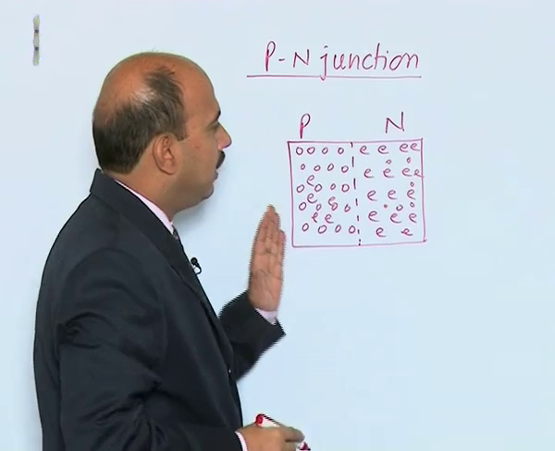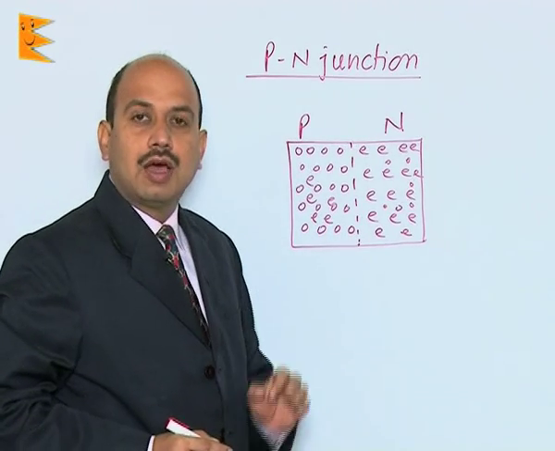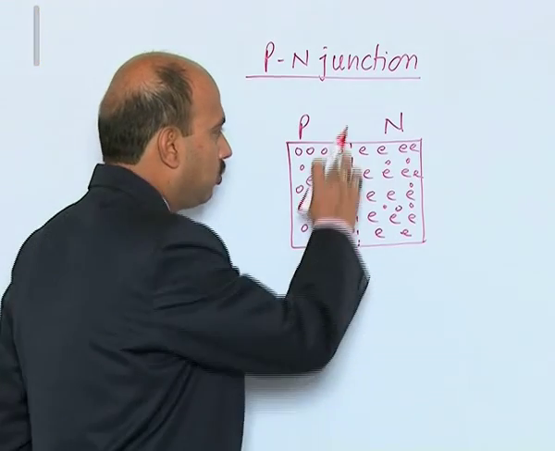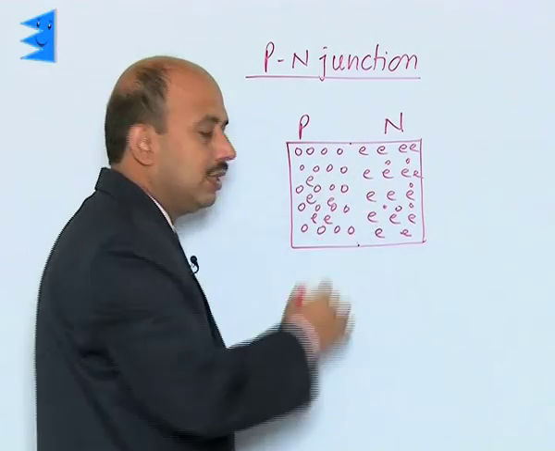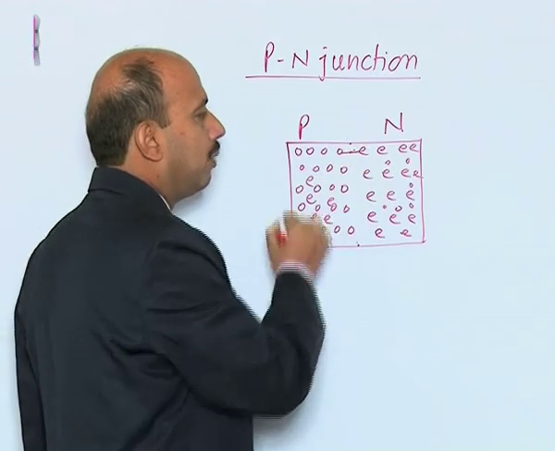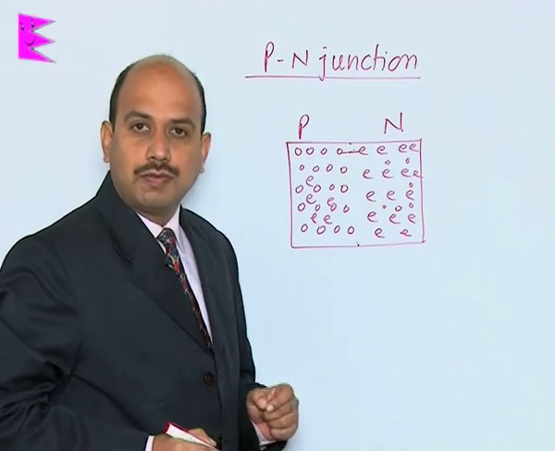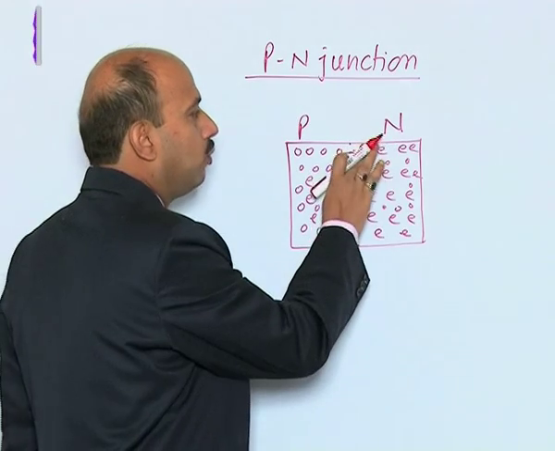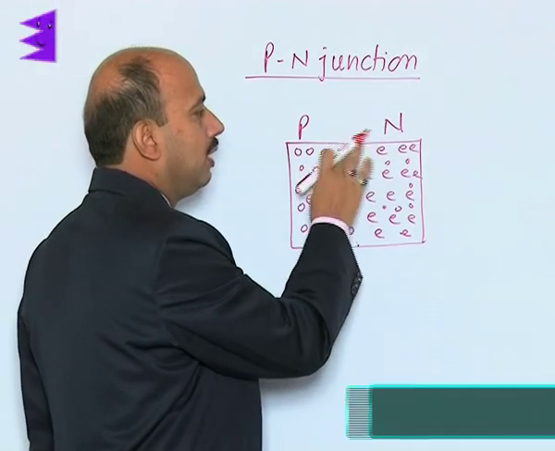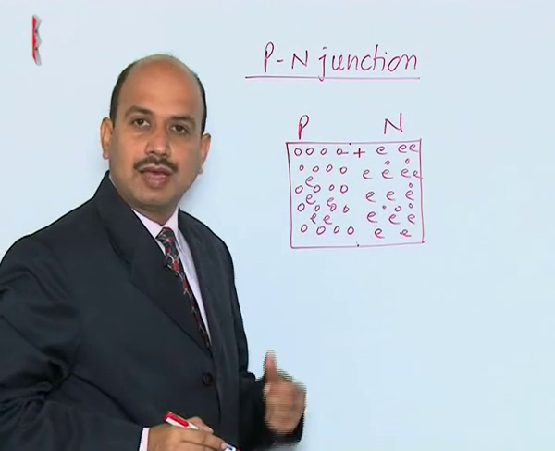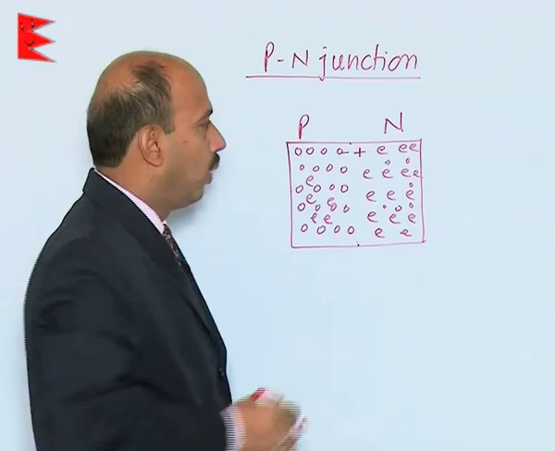Now when these p and n type semiconductors are joined together, brought in contact with each other, at the region where they join, diffusion of electrons and holes takes place because of the concentration gradient. When one electron diffuses from this side, it leaves behind an ionized donor, a positive ion.